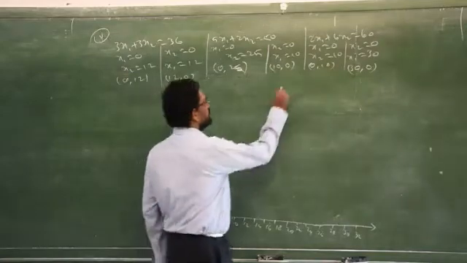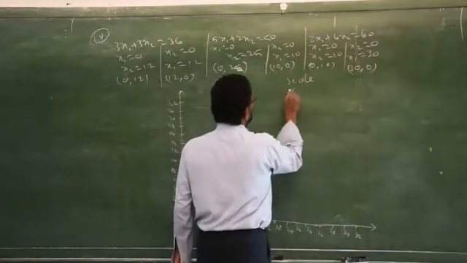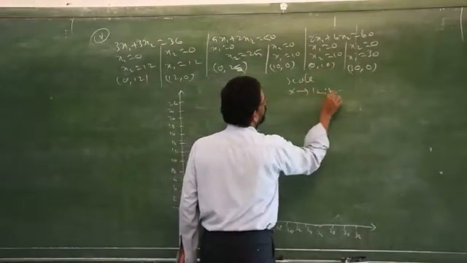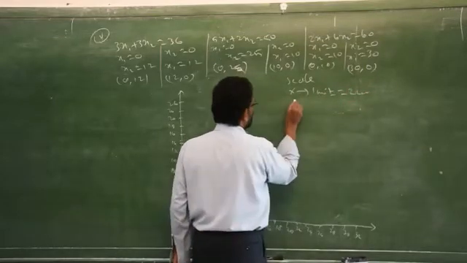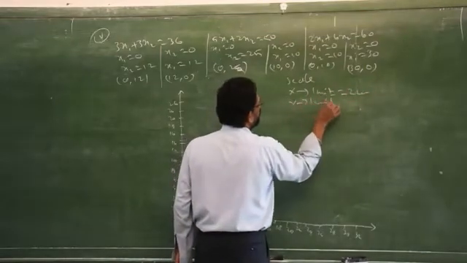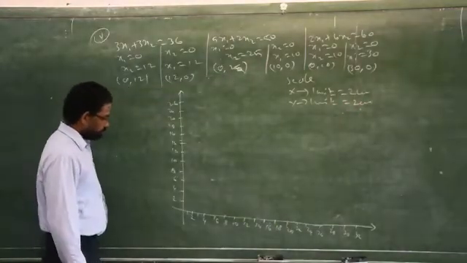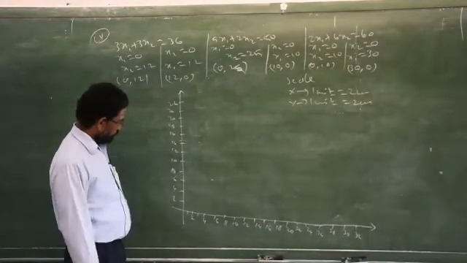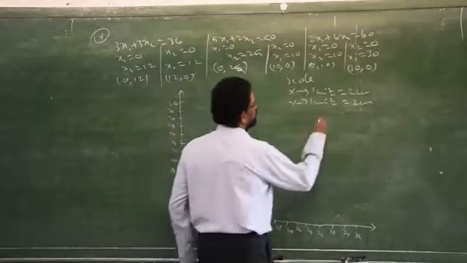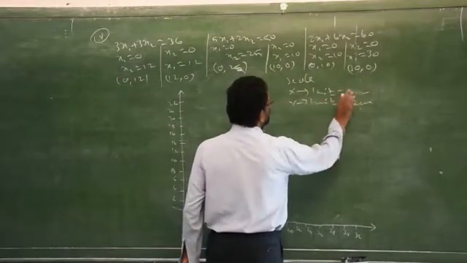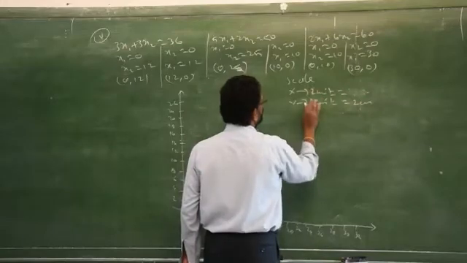Clear? So you have to write the scale reading. X-axis: 1 unit equal to 2 centimeter. Y-axis: 1 unit is equal to 2 centimeter. You have to write it like that. Clear?